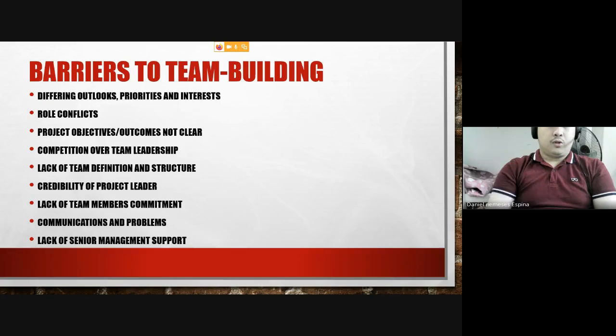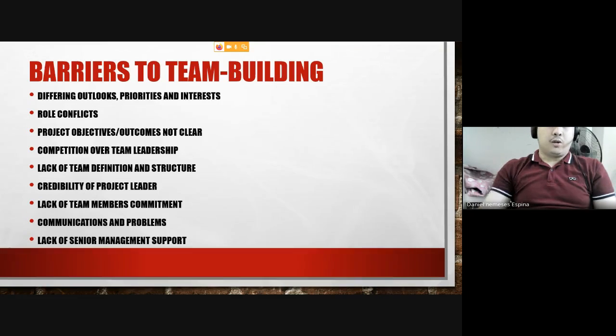So there are barriers to team building, however. So what are these barriers? So probably in your team you have different outlooks, priorities, and interests. Okay, so role conflicts will arise, especially if dili klaro ang assignment of roles and responsibilities.